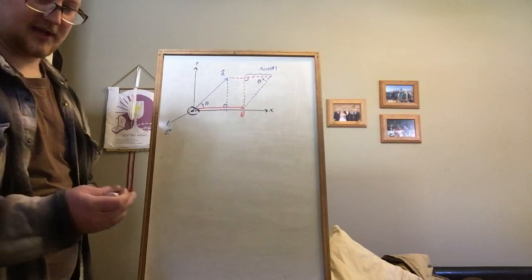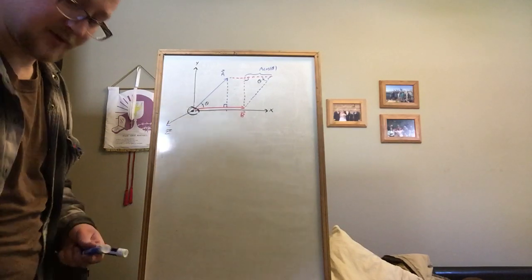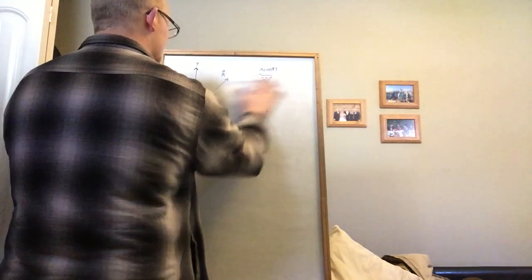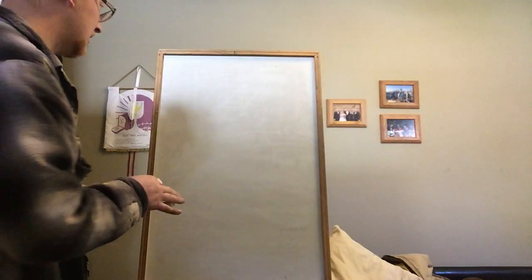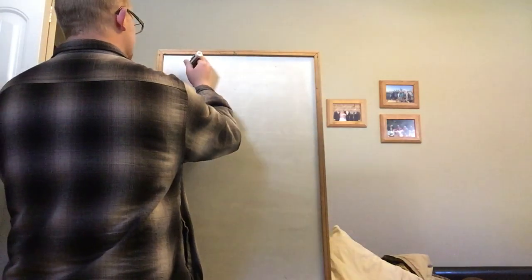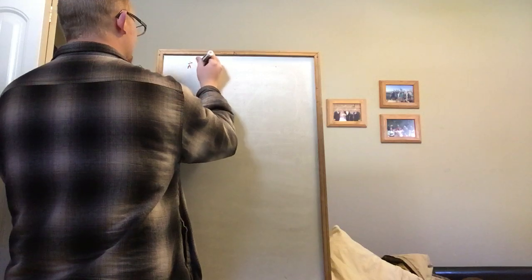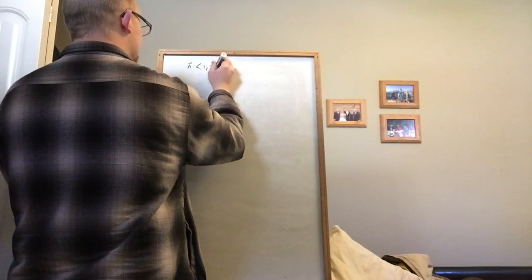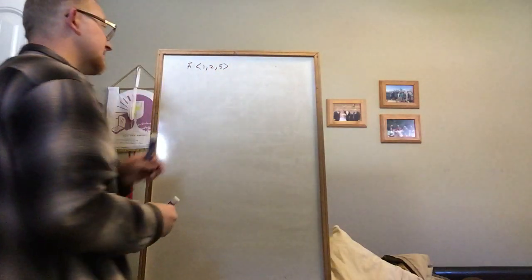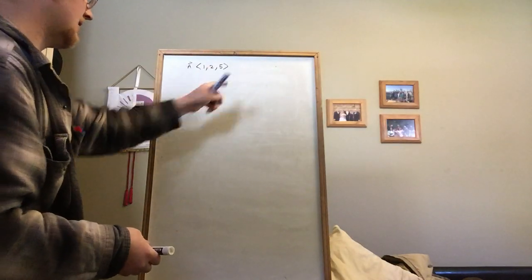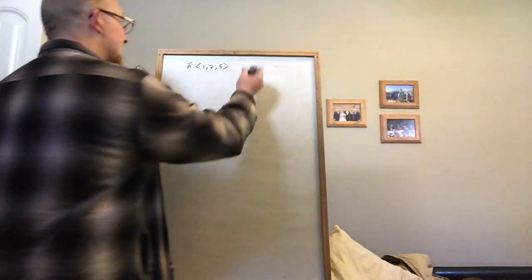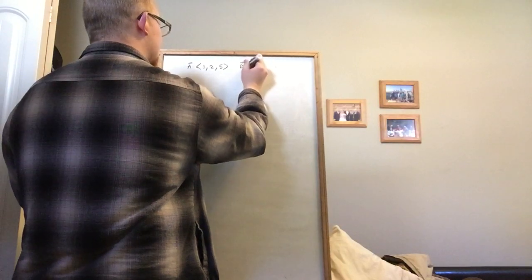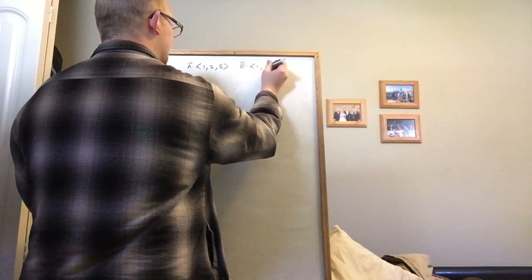I'm going to give us two vectors with three components each, just to show the whole process. So we have vector, let's say A, that is 1, 2, 5. So it's got 1 in the x, 2 in the y, 5 in the z. And we'll say we have a vector B. We'll make it easy on ourselves.